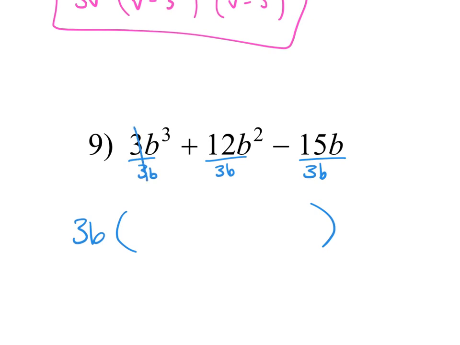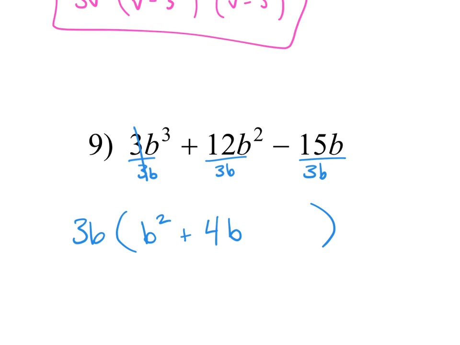So the 3's cancel out here. If we start with 3 b's and take 1 away, how many are we left with? 2 b's. So we have b squared plus, what's 12 divided by 3? 4. And then we have 2 b's, we're taking 1 away, so then we're just left with 1 b there, so we have 4b in the middle.